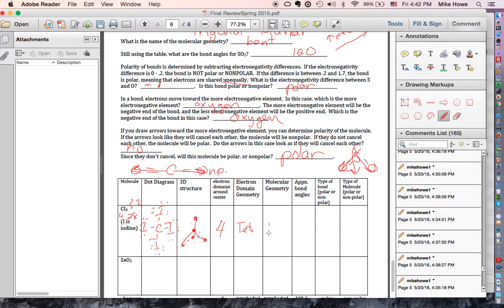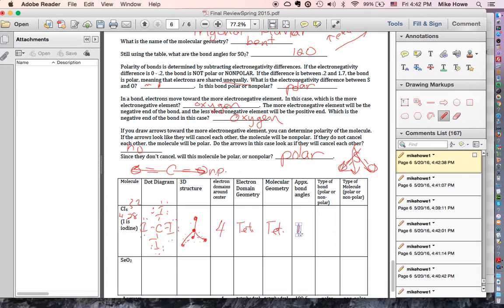The molecular geometry is also tetrahedral because there are no lone pairs. Once again, this is on the chart on the back side of your sheet, final review guide. Bond angles would be 109.5. Once again off the sheet.